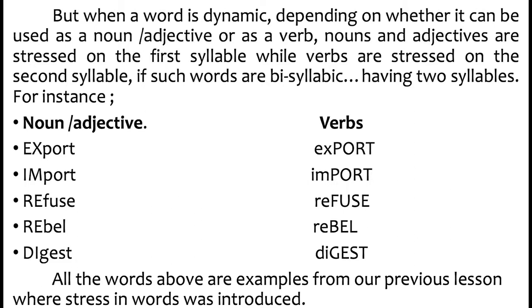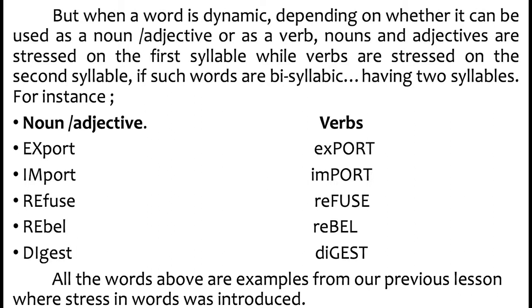If you look at the first word there, export, we are using that word as a noun. If you look at this other point here, we have export, we are using this word now as a verb. Over there, we have import, that word is a noun.